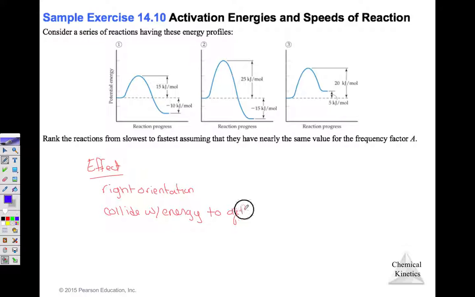With enough energy to get over the activation energy. I didn't phrase that very well. Maybe the activated complex, the bump. All right, so you know what I mean. They have to have enough energy to overcome the activation energy. All right, so those are the two important things.